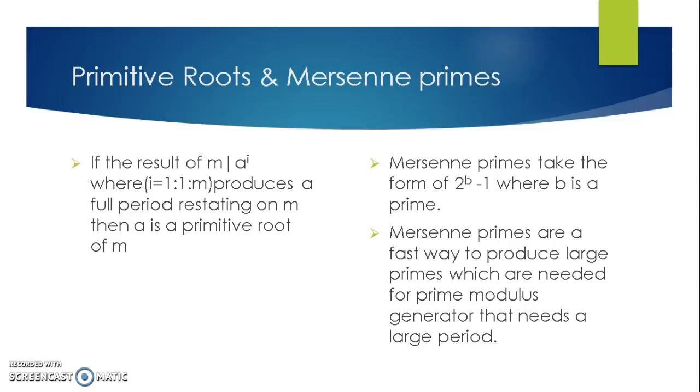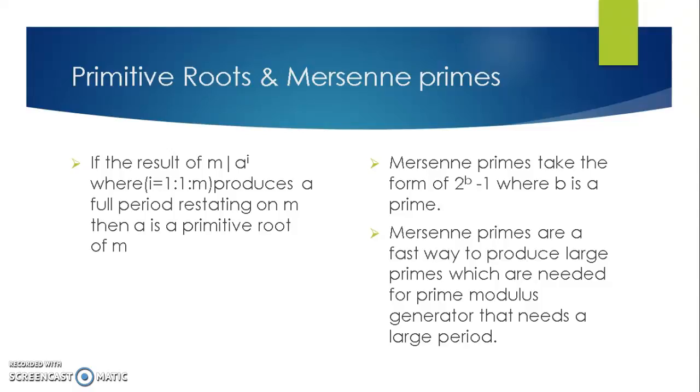So basically what that means is if you have m divides a to the i, so it would be a to the first, and then all the way up to a to the m. If m divides a to the first is equal to m divides a to the m, then it is a primitive root.